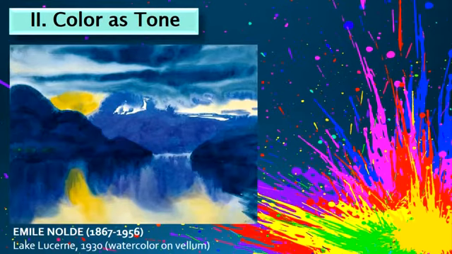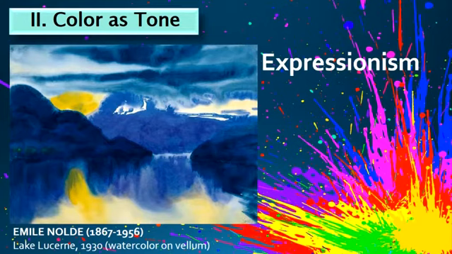Next, color as tone. Dramatic color combined with a vigorous painting technique are the key elements of Expressionism, just like we have discussed in the previous module. Expressionist painting was more about using color and the physical qualities of a medium to express your feelings about the subject rather than simply describing it in a naturalistic fashion.